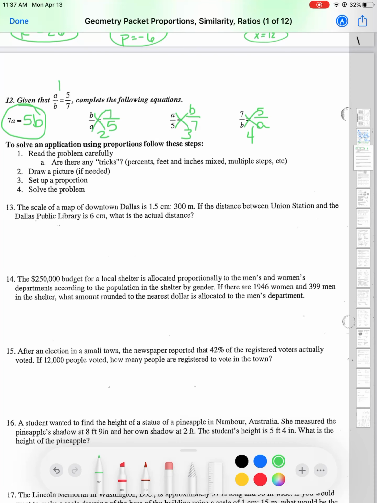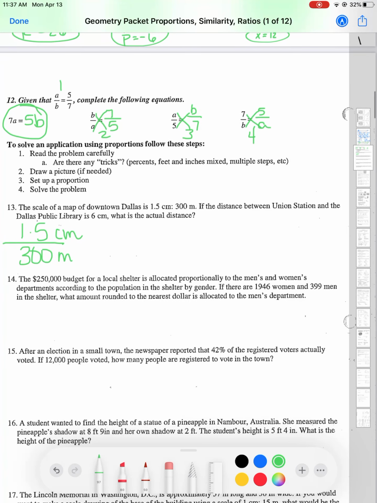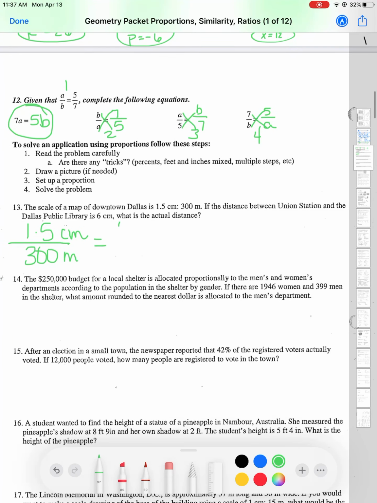So we're going to go centimeters over actual meters. So we're going to go the scale, 1.5 centimeters over the 300 meters that it actually is, 6 centimeters to how many actual meters?